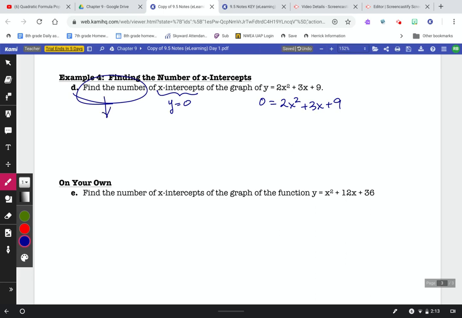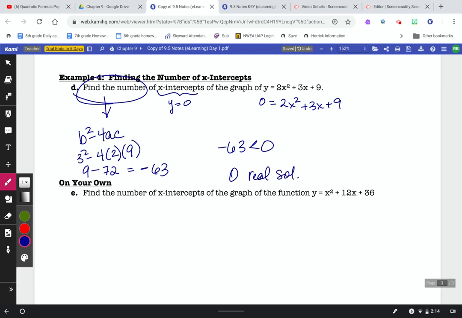So because of that direction, we just need to use the discriminant, which would be 3 squared minus 4 times 2 times 9. So 9 minus 4 times 2 is 8 times 9 is 72. So you get negative 63. Negative 63 is less than 0. So in this case, we have 0 real solutions, or you could say no real solutions.